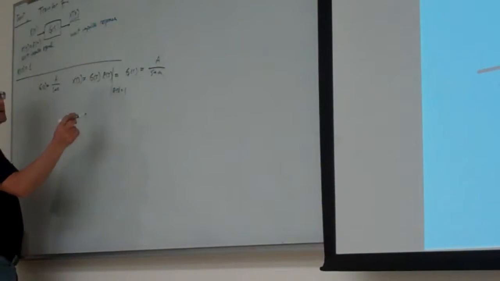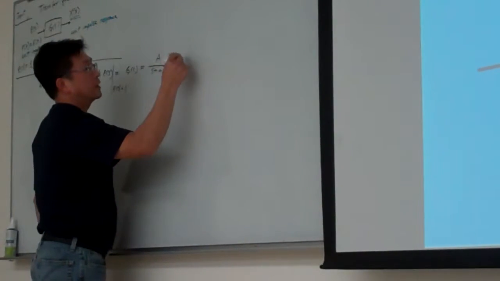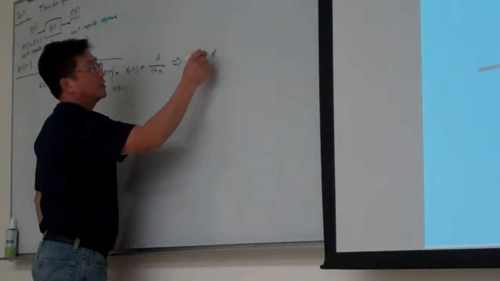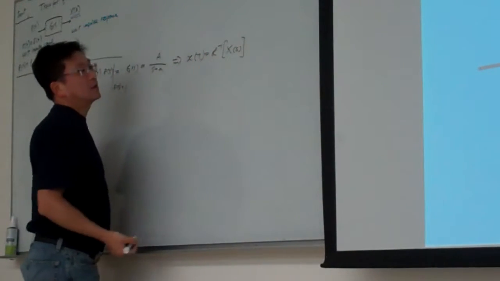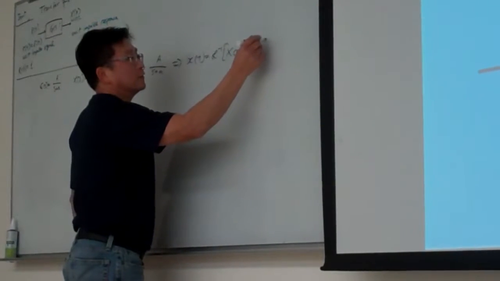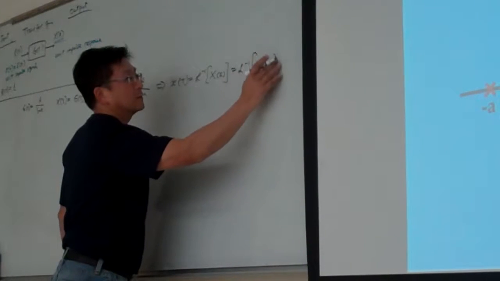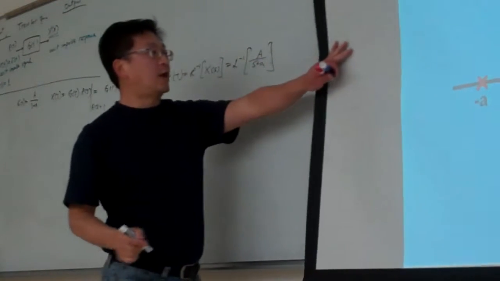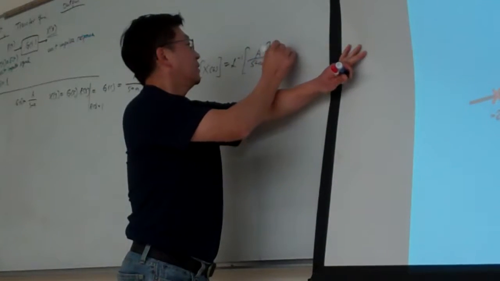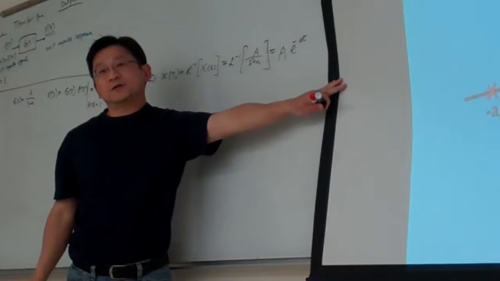Therefore, x(t) will be the inverse Laplace transform of X(s), the inverse of a over s plus a. That will be equal to a times e to the minus a t. Okay, so that's the calculation.